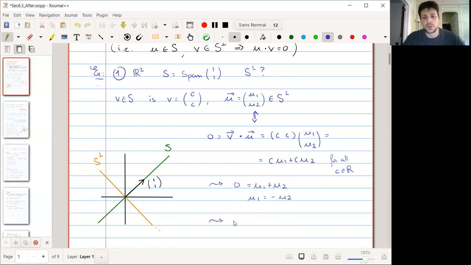In conclusion, the set S perp is the set of all vectors U such that U1 is equal to minus U2, which is nothing but the span of (1, -1).